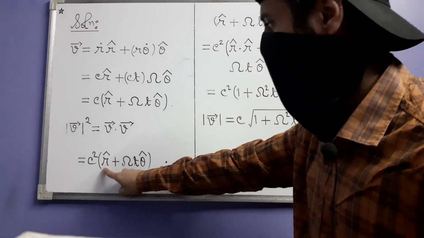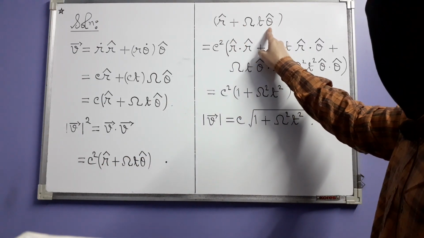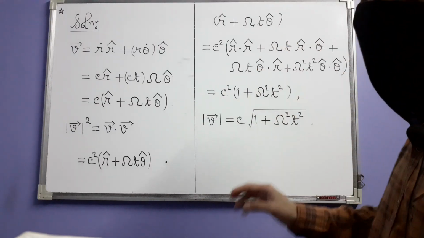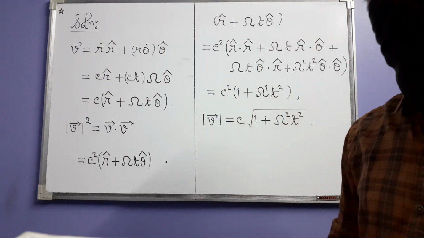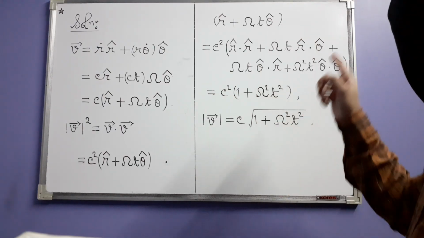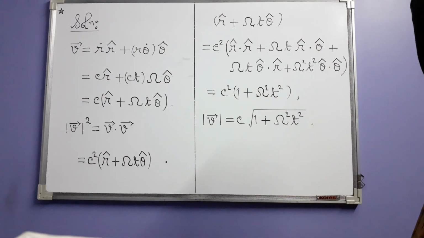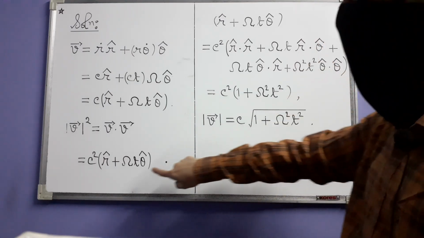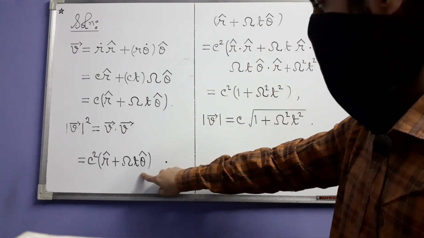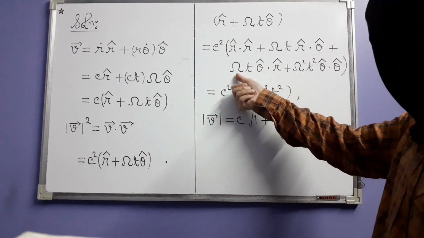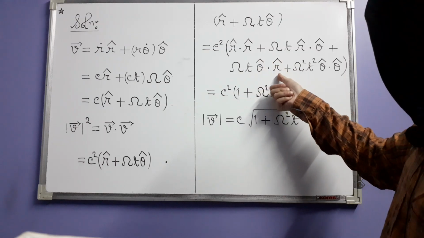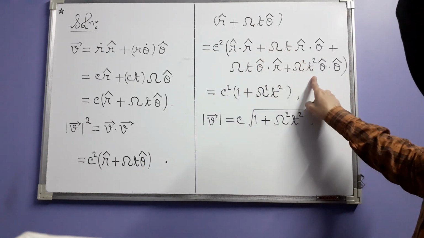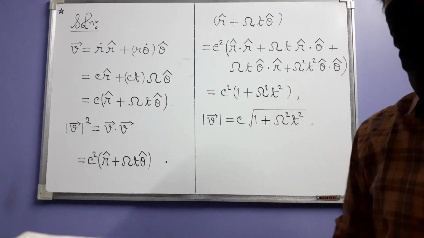Whenever you have two vectors in this multiplication, the product is dot product or scalar product, plus r hat times omega t theta hat, means omega t will come outside, by one of the properties again, times r hat dot theta hat. Similarly, then you multiply these two by this. So the next term becomes omega t times theta hat dot r hat plus omega t times omega t is omega square t square theta hat dot theta hat.